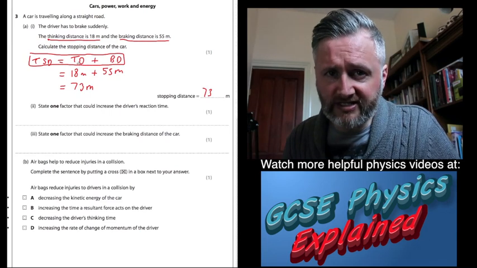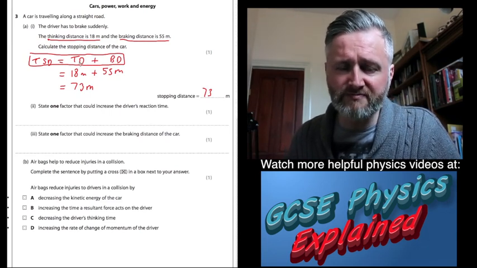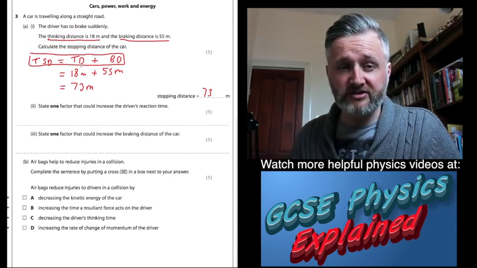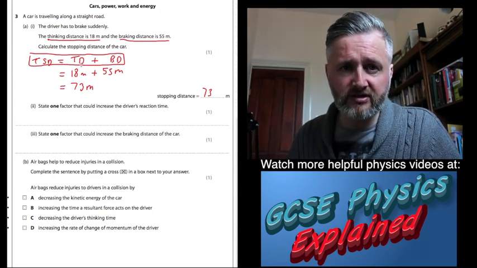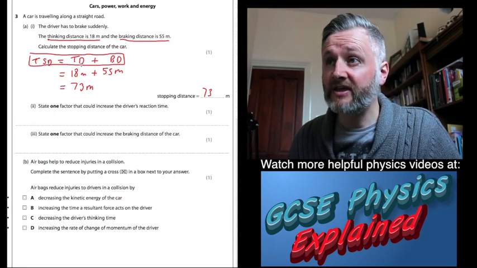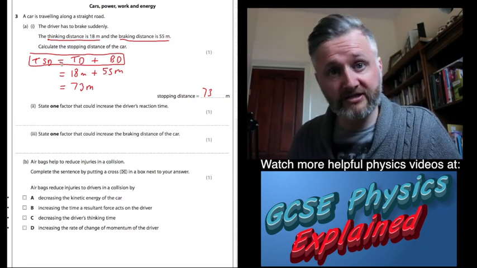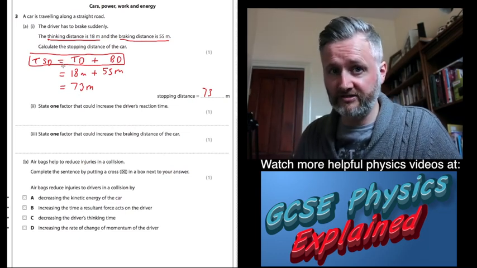Now, just because you've pressed the brakes doesn't mean the car's going to come to an immediate stop. The car has to mechanically come to a stop. So the distance that the car travels while the brakes are pressed, that's your braking distance. So your total stopping distance is your thinking distance added to the braking distance.